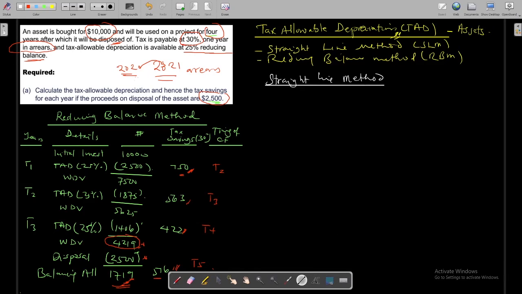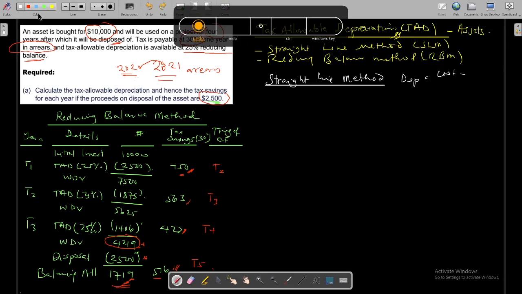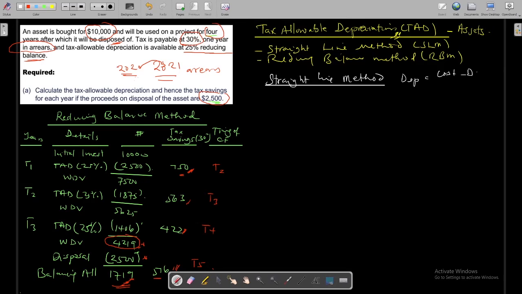Now, in order to use the straight line method, you have to find the depreciation for each year. The depreciation is the cost minus the sales value, or the scrap or disposal value, divided by the number of years of the asset.